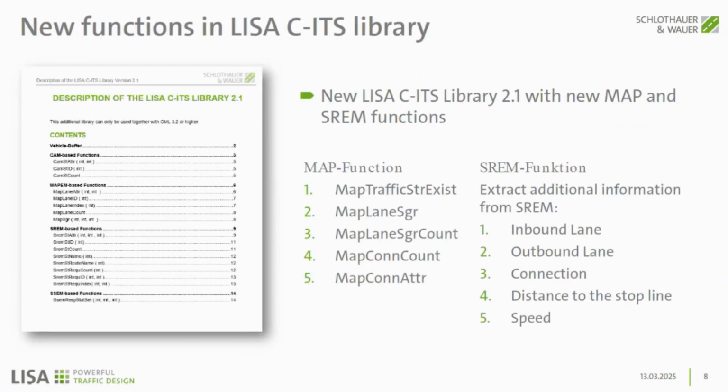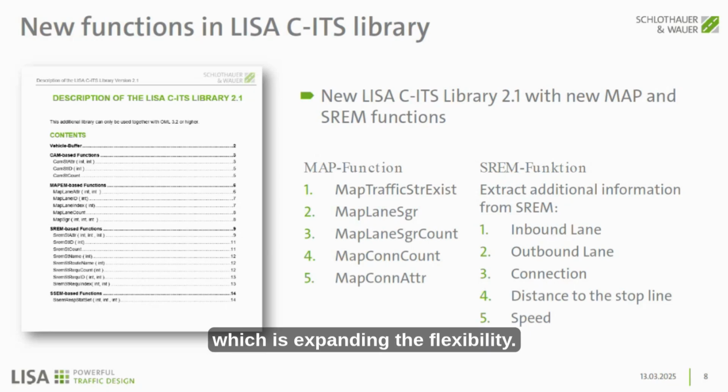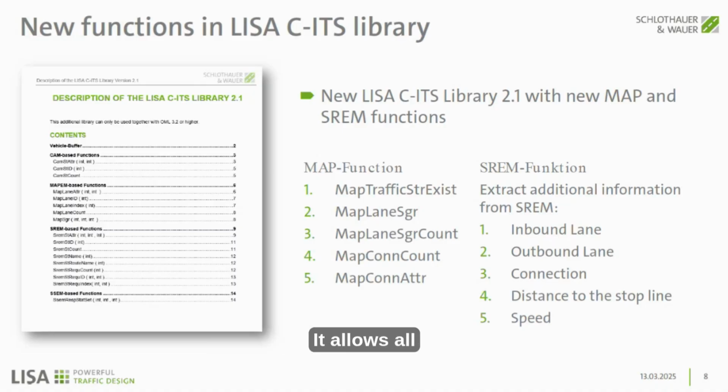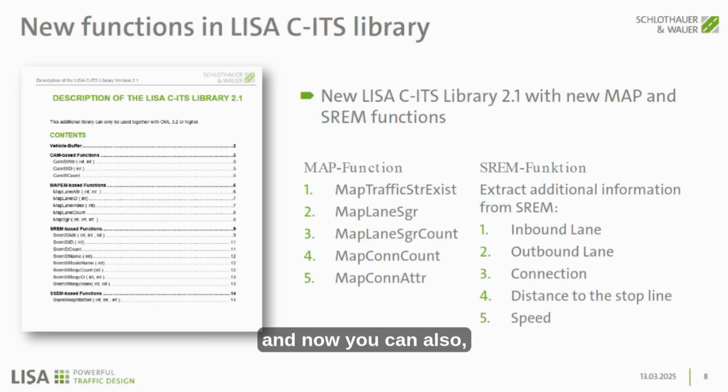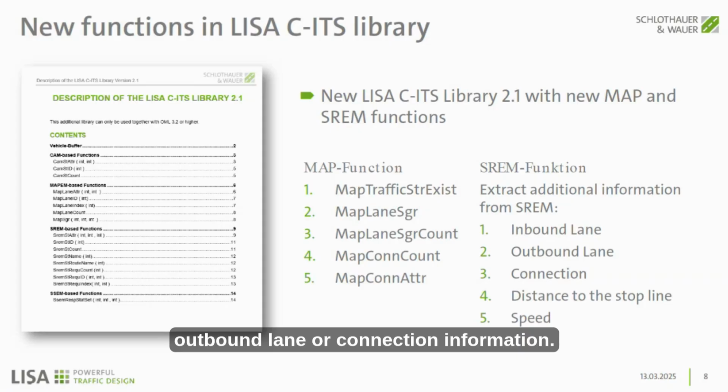And similarly, we have 5 new SREM functions, which expand the flexibility. In this version, all available content can be queried, and not only the approach, the ARM number, which was the case before. Now you are more flexible to query, for example, inbound lane, outbound lane, or connection information.